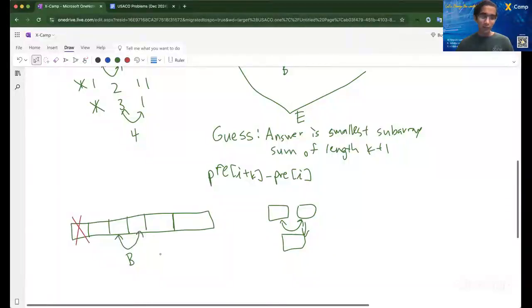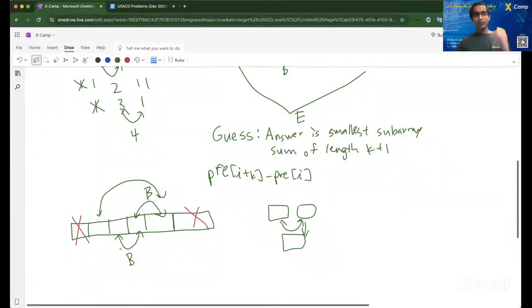If Elsie picks this one, then it's a bad idea for Bessie to merge these two, right? Because if Bessie merges these two, then Elsie can take the entire thing, right? So if Elsie takes the leftmost, then it's better for Bessie to merge this with whatever's to the right, right? And then Elsie will take one of these, and then Bessie will take the entire thing, right?